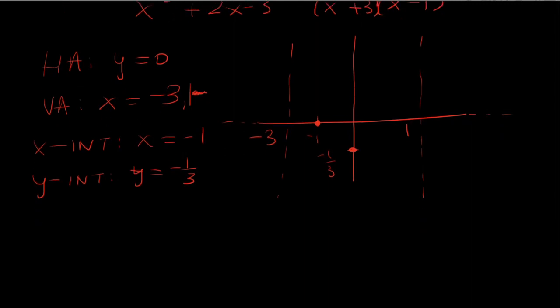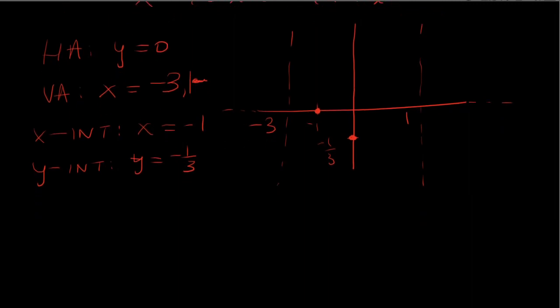And so at this point it's a little difficult because there are basically 3 different regions we have to consider. So a good thing to do is draw a number line. You want to draw your vertical asymptotes and your zeros. And you want to pick values in between. So if I'm going to pick a value to the left of negative 3, you can think of it as like negative 5.